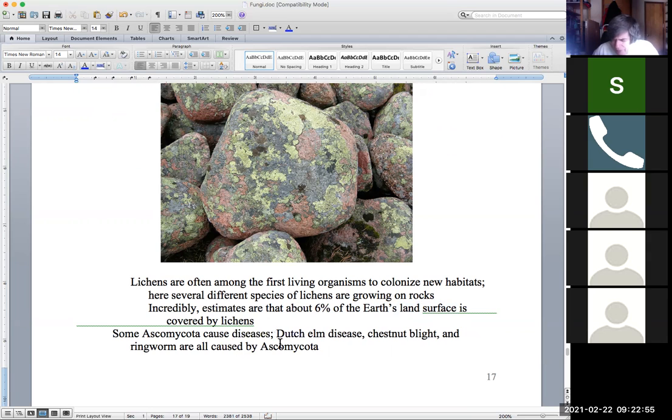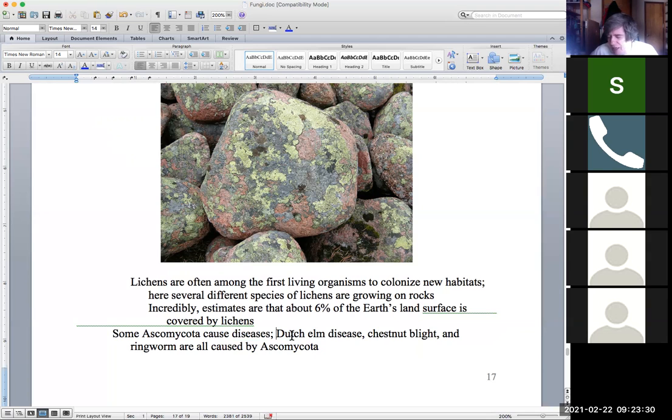Now, notice that some Ascomycota cause diseases. Lichens a lot of times live on tree trunks, as far as we can tell. They do them absolutely no harm. But there are some Ascomycota that cause something called Dutch elm disease or chestnut blight. And these are diseases that have killed off a lot of the elm trees and a lot of the chestnut trees. Now, one of the things we see is that some chestnut trees, some elm trees survive these diseases.